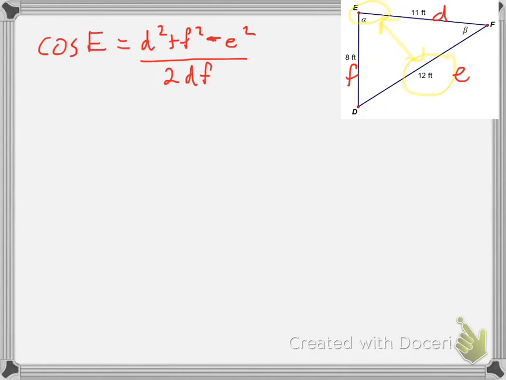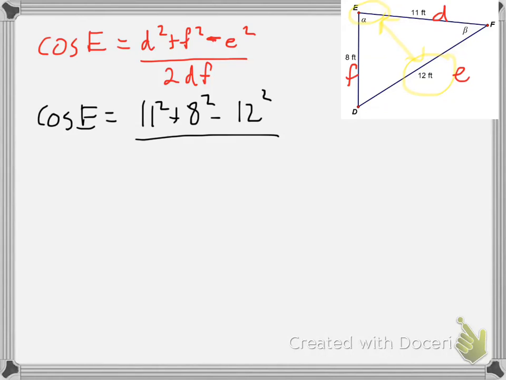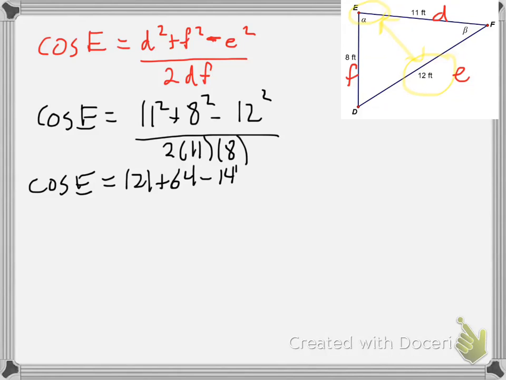So the cosine E equals 11 squared plus 8 squared minus 12 squared all over 2 times 11 times 8. So the cosine of E is going to be 121 plus 64 minus 144 over 176.